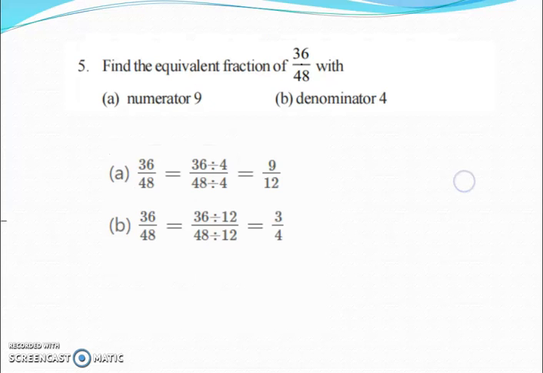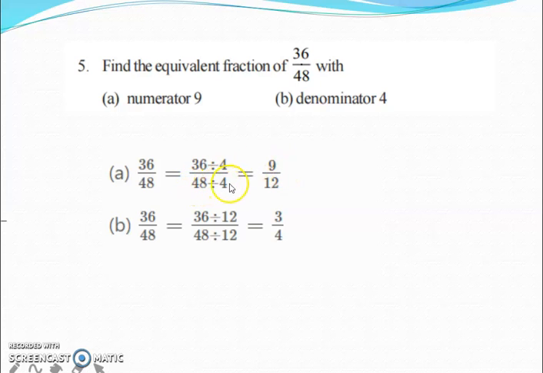Okay, move to the next. The fifth question is also the same, but the fourth question we did was all in multiplication format. Here they gave division format, 36 upon 48. We need the numerator 9. So 36 if you divide by 4 you get the answer 9.